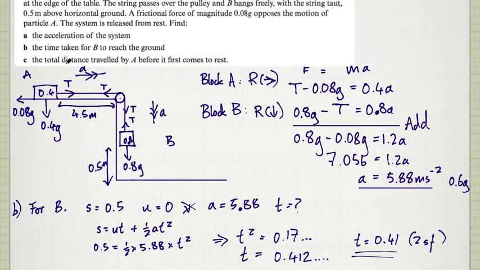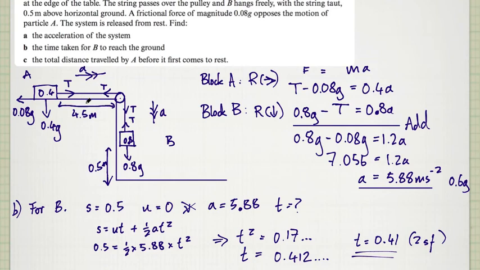Part C, find the total distance travelled by A before it first comes to rest. So what we're going to have to consider here is two sections of motion. First of all, the motion as it's pulled along by B. In that time, it will be moving 0.5 meters, being pulled along by B until B hits the floor. At that point, it's going to be moving with a certain velocity.